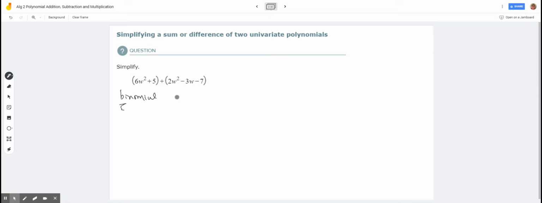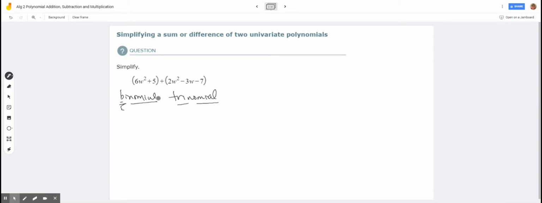I can't think of bi words for some reason. This is a trinomial. So binomial means 2 terms, trinomial means 3. This is actually one expression that has 2 pieces, and that's what makes it a binomial. The only reason these parentheses exist is because they want to separate them.